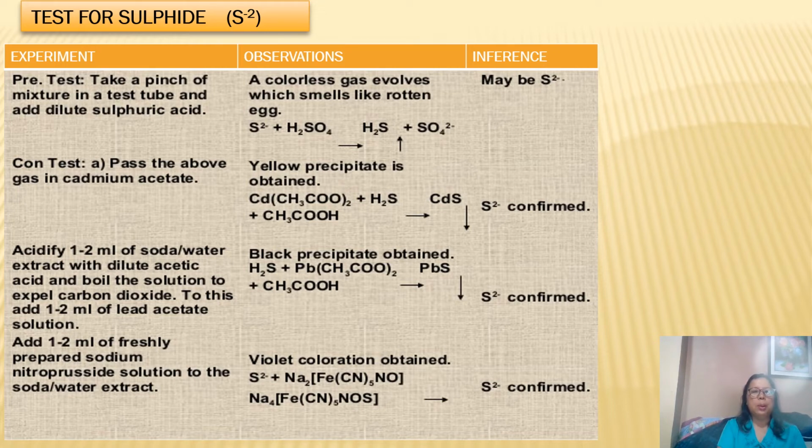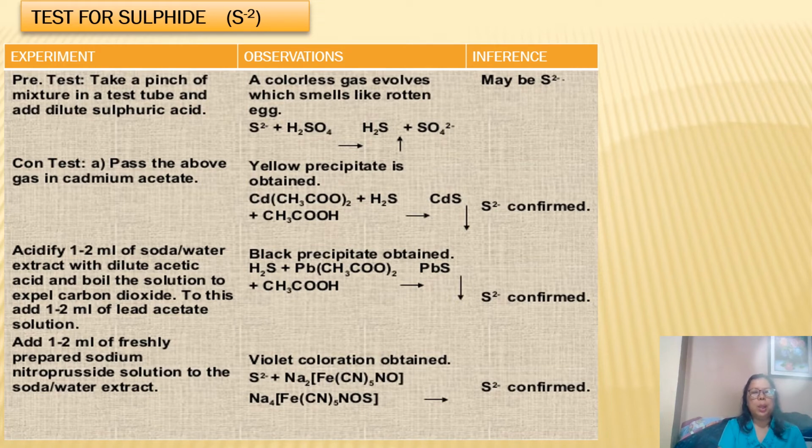if you boil the mixture of the unknown plus dilute acetic acid and expel carbon dioxide or a certain distinct smell, and then upon the addition of lead acetate, it will form a black precipitate, then sulfur is present.